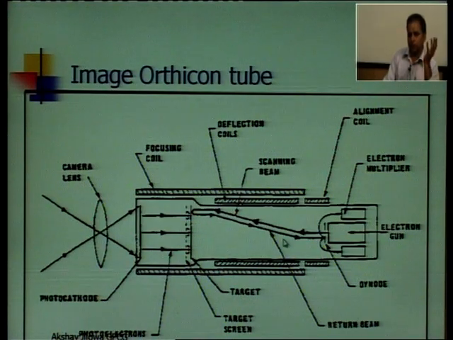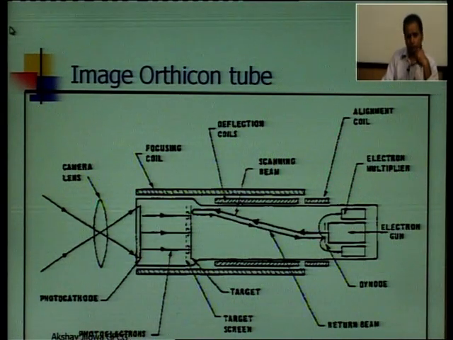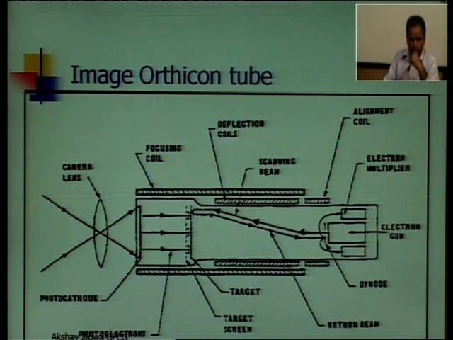Initially, suppose this is the screen, seen from the side angle. If we see it from the front, this will be the screen, and this spot will be the first spot, or pixel number 1. The variation in this is recorded, then the beam moves to the next area, from the top left hand corner to the top right hand corner, and then it flies back; this is called retrace.